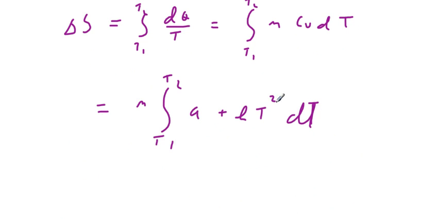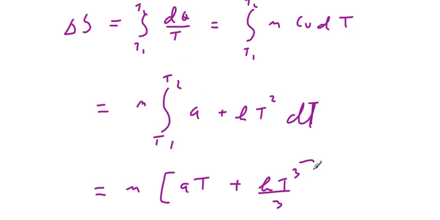A T squared, because I had A T plus B T to the third, and I'm dividing that by T, so that's why those things come out. All right, so I've got N times A T plus B T cubed over 3, evaluated from T1 to T2.